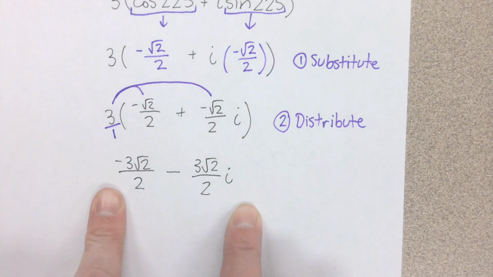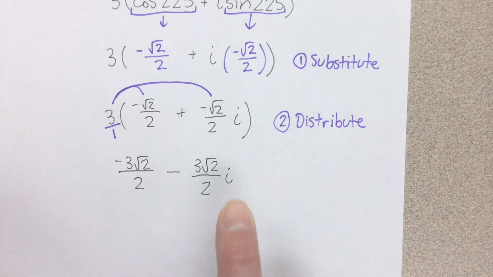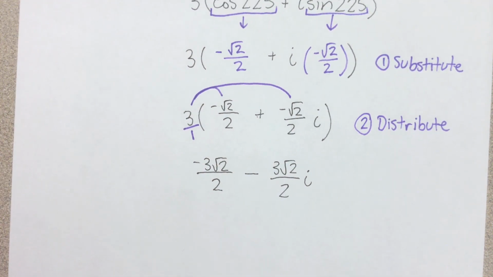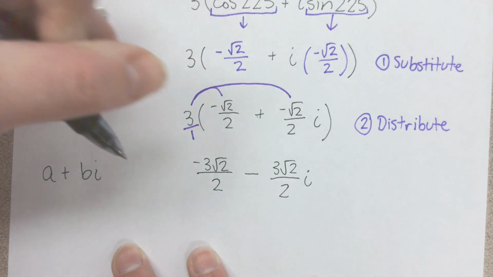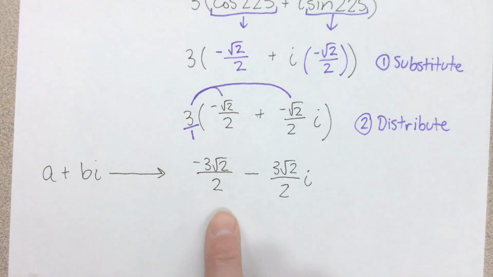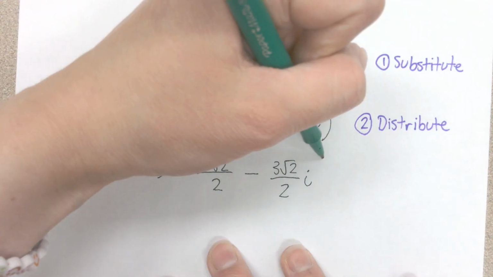And we can't combine these because this has an I, this one does not. Also, reminder, the goal is to get it into complex form. And complex form is A plus BI, which is what we have here. We have the A, the real part, and BI, the imaginary part. So we are done. This is our answer.